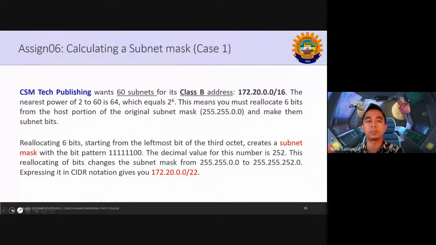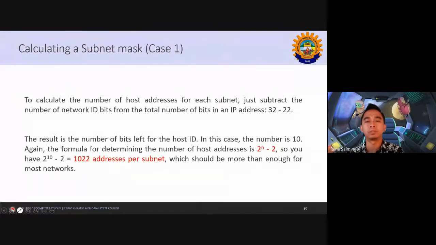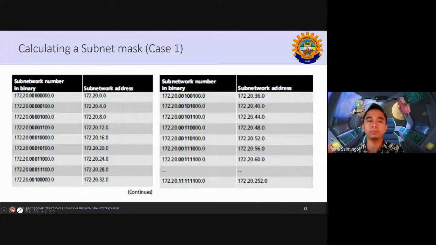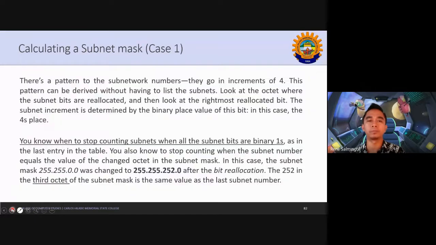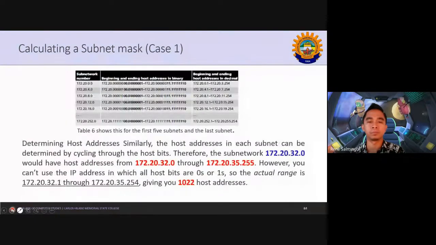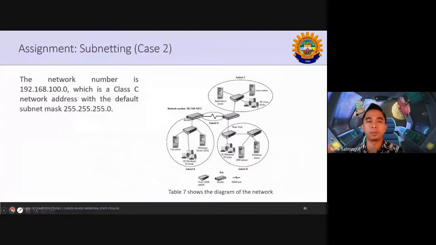So that's for your assignment. There are steps in this assignment, so you just need to follow them. And then you have this binary table. And another assignment, this is a class C.